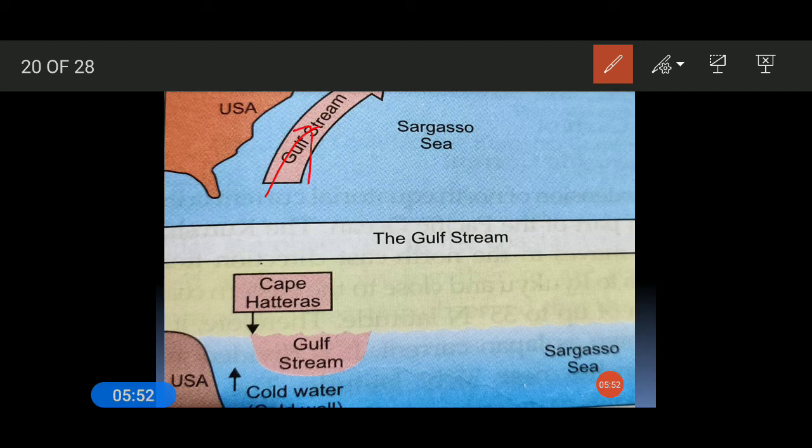Okay, now in between this, just toward the western side of Gulf Stream we have cold water, that we call the cold wall. Or you can say it separates the Gulf Stream by cold wall or cold water. Then towards the right you have Sargasso Sea, right of the Gulf Stream.